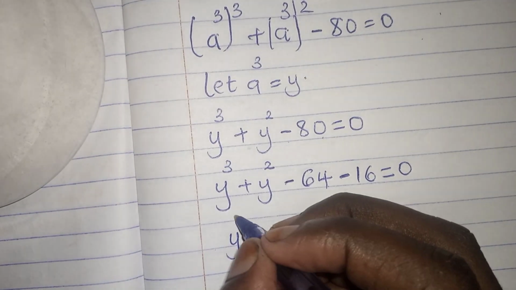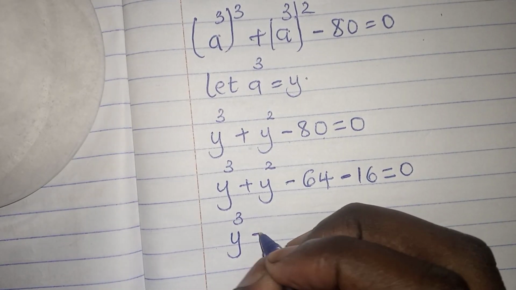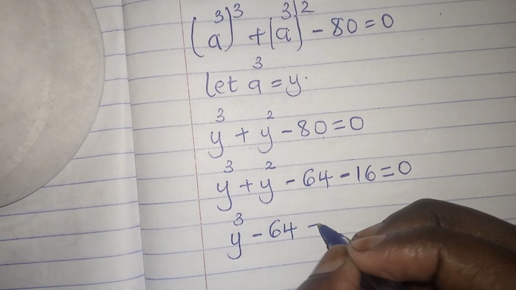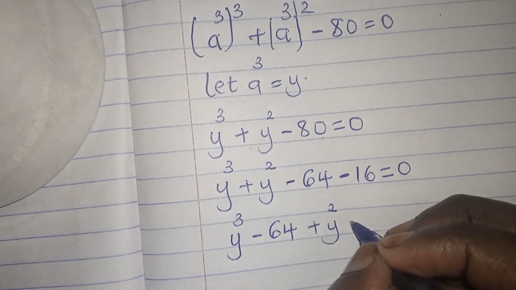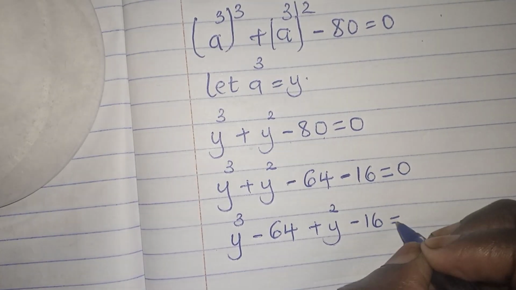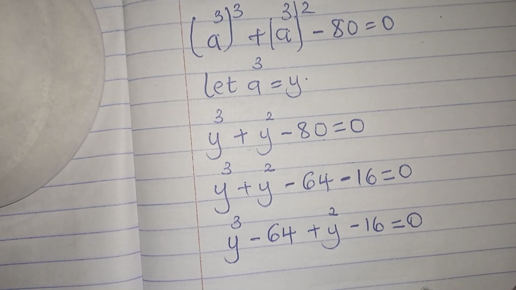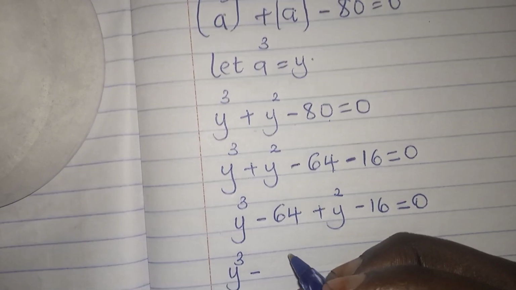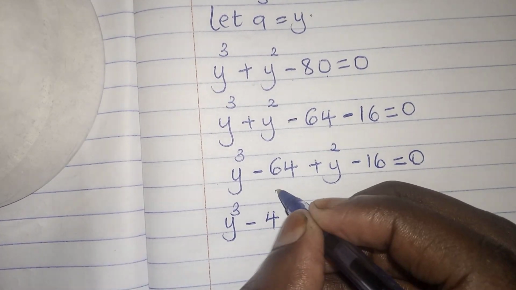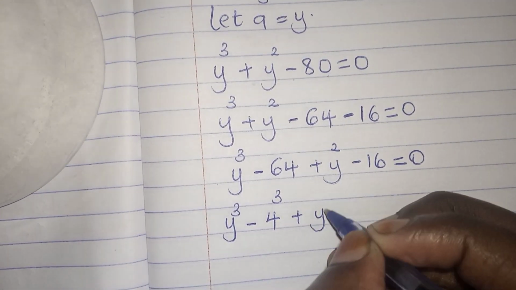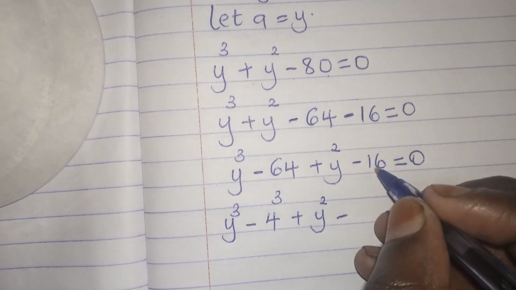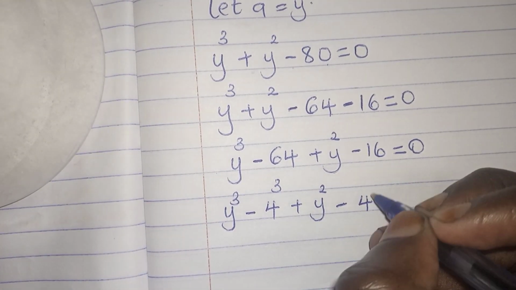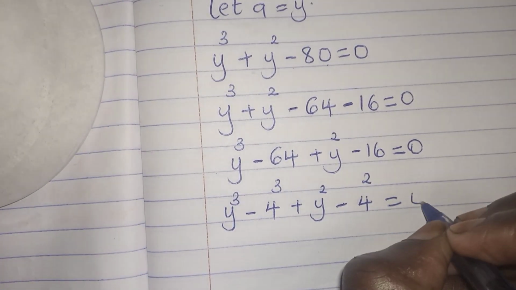So y to the power of 3 minus 64 plus y squared minus 16 is equal to 0. So y cubed minus 64, I can write it as 4 cubed, plus y squared minus 16, we can write it as 4 squared, is equal to 0.